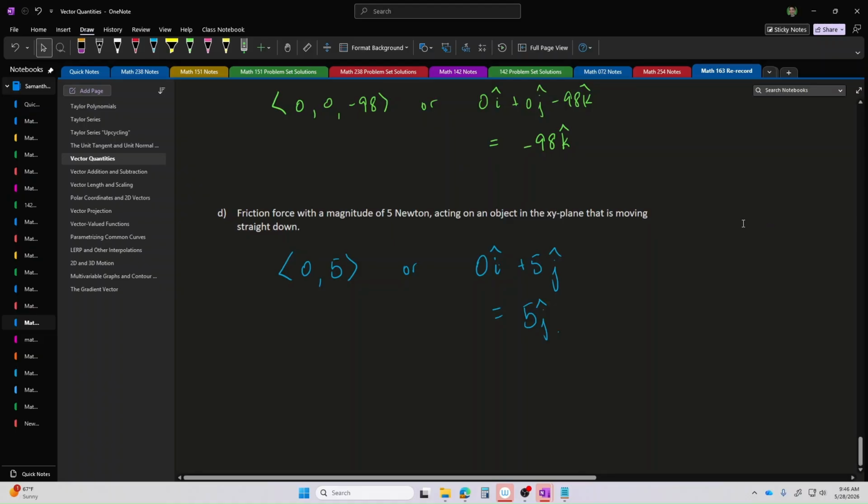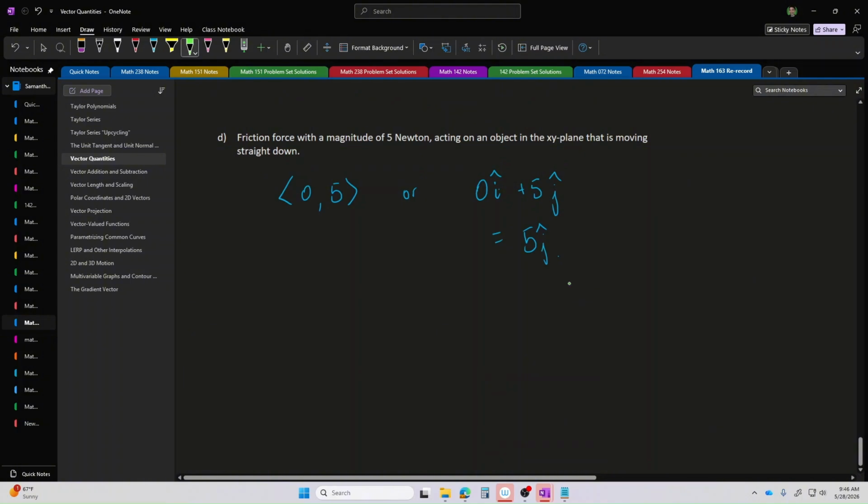A word of warning, something that I see from a lot of students as they first get started on this work is taking the two notations for vectors, the math notation and the physics notation, and kind of mixing them together. But you have to commit to either the math notation or the physics notation.